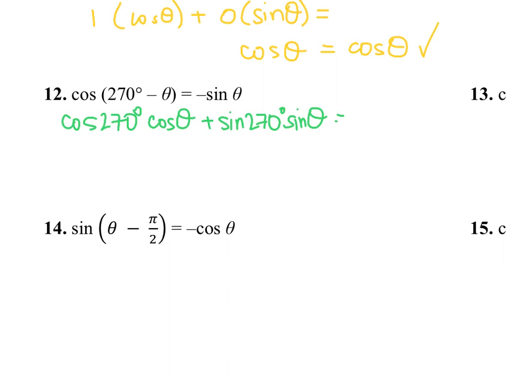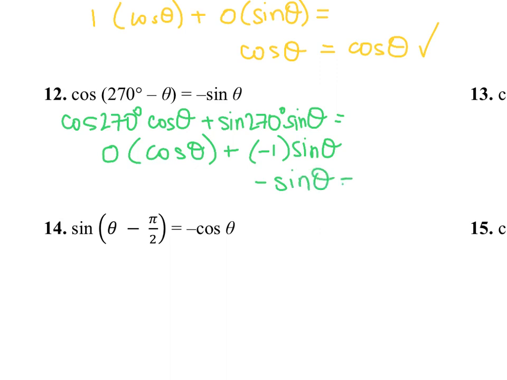All right, and then cosine of 270 is 0. And then sine of 270 is negative 1. So that simplifies down to negative sine of theta, which is what we wanted to show. So there it is.